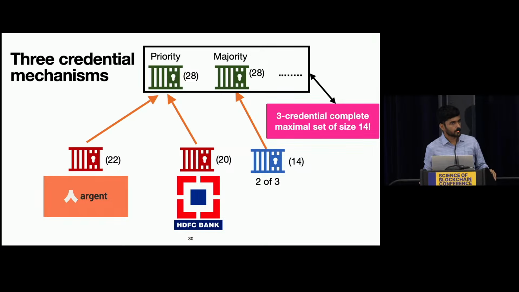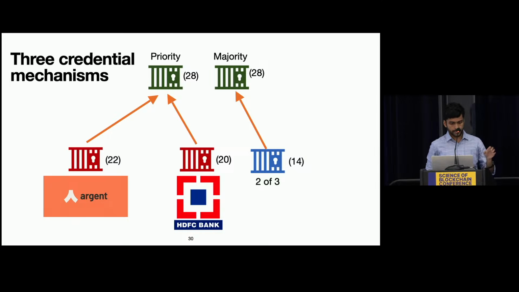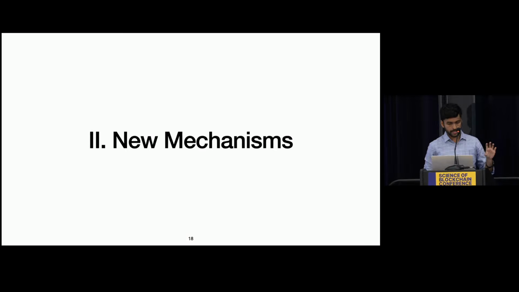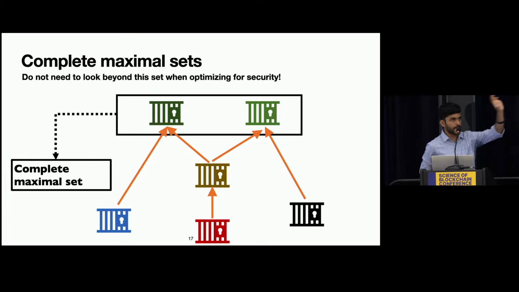If you have 28 good scenarios, but they can fail with a high probability, versus another setting which has fewer ticks but which are more reliable, maybe something outside the maximal set could end up better. No, the definition of a complete maximal set is that it comprises the full set of mechanisms at the top.